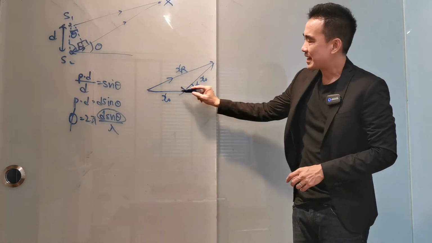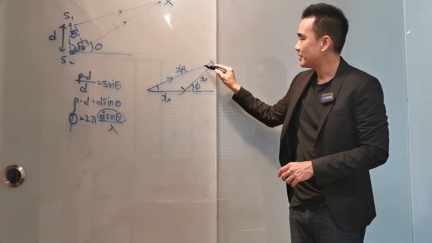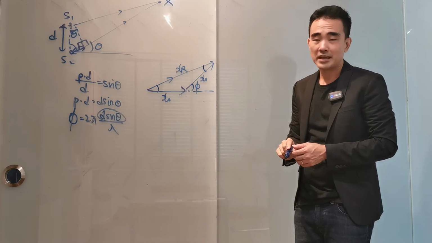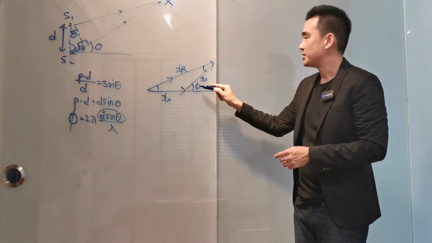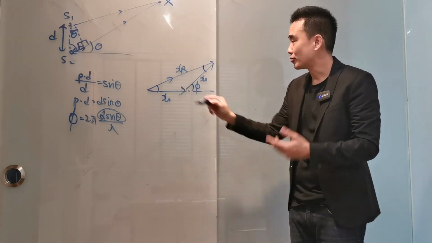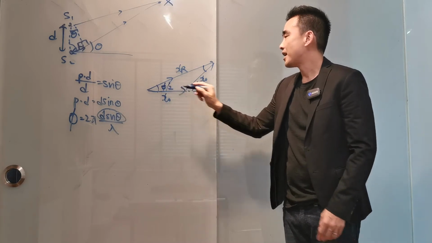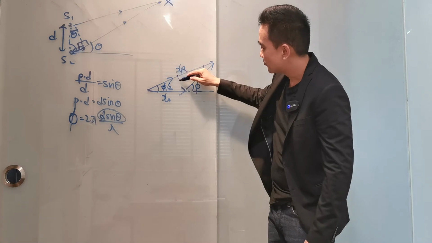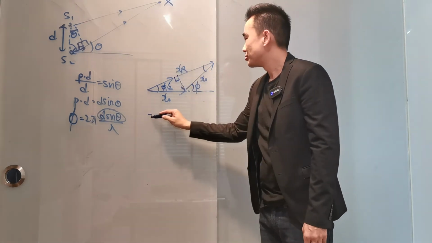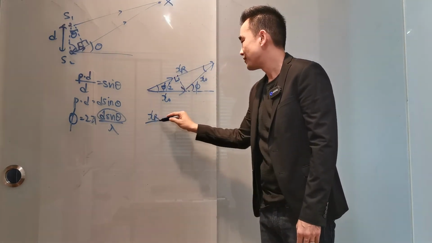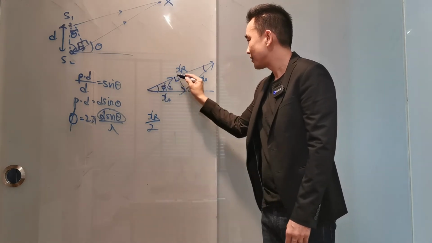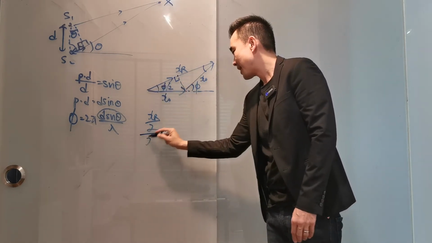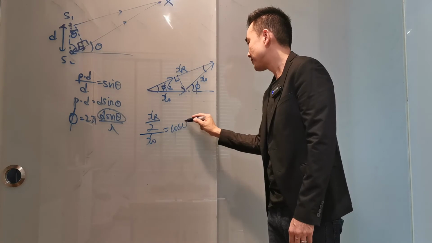Take a look. This is an isosceles triangle, so this angle will be the same as this angle. And this plus this must be equal to this. So I can conclude therefore that this is phi upon 2. And therefore, if we do a little bit of trigo over here, I'm sure you can see that xr divided by 2, which is this length over here, divided by x0 is going to be cosine phi upon 2.